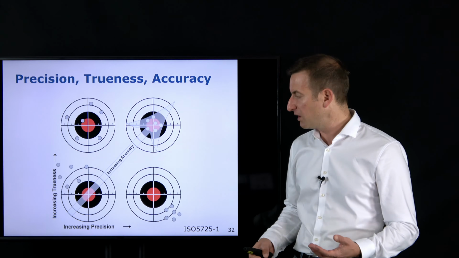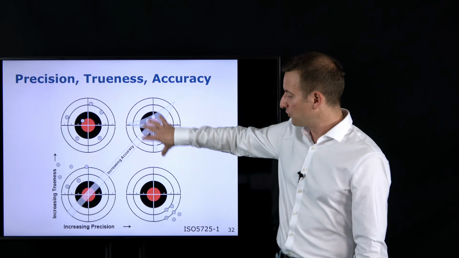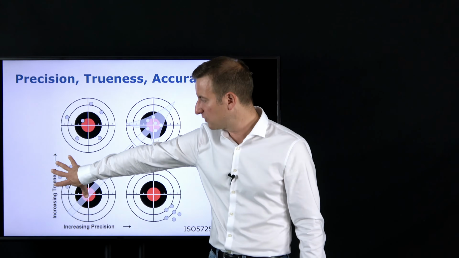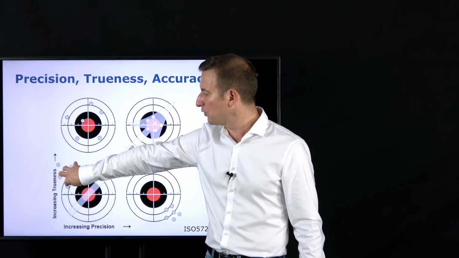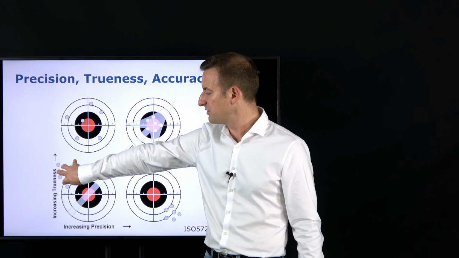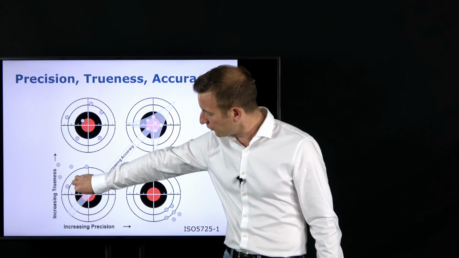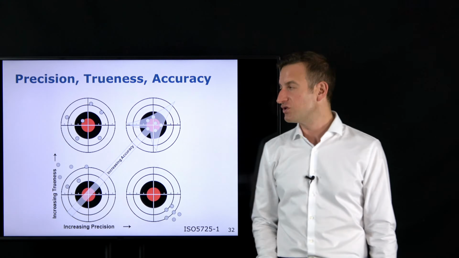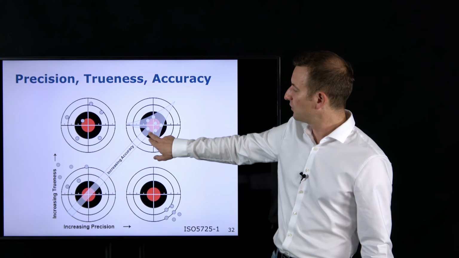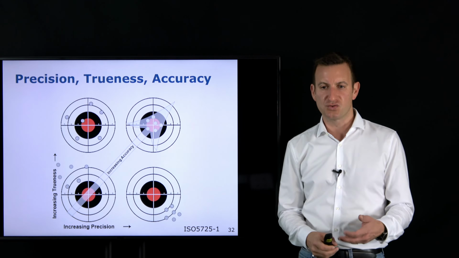And of course, what we typically want is increased accuracy, which is basically optimizing for both. So we want to increase the closeness of the individual measurements. They should be closer to one value, and this value should also be closer to my original solution. That's what we see over here. So here I have my results, and the mean of those points is pretty close to the true value.